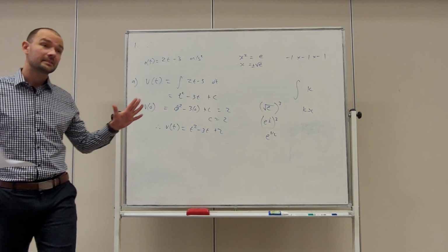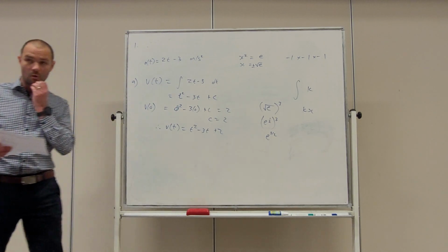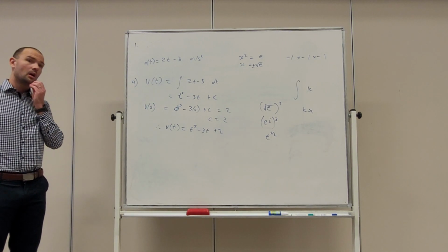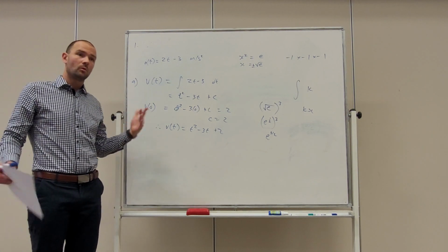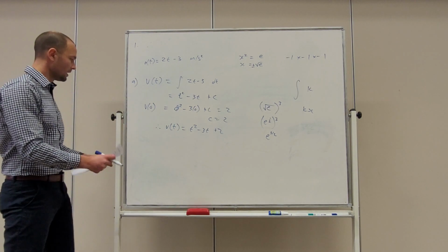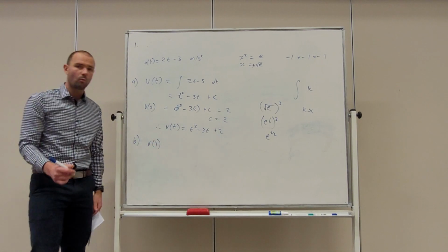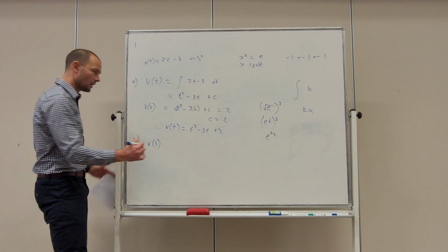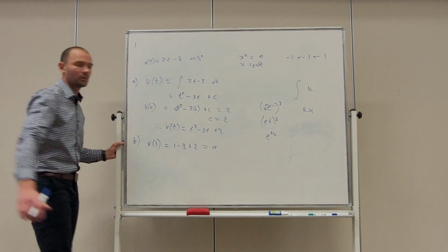Part B says show that the particle is stationary when time is 1 and time is 2. What this means is we need to show that the velocity is 0 when time is 1 and time is 2. If I put the number 1 into the velocity function, I have 1 take 3 plus 2, which is 0.